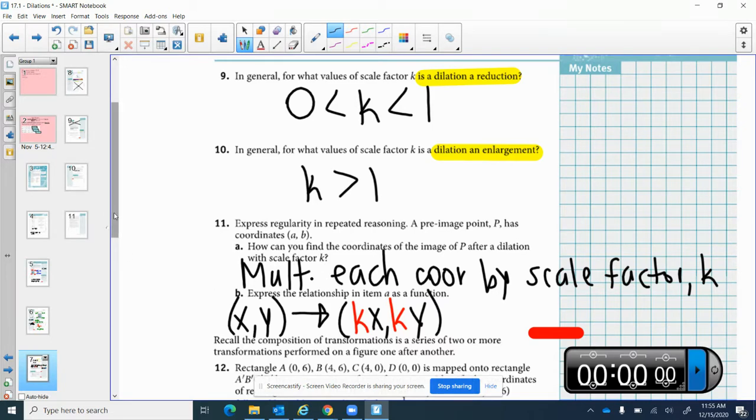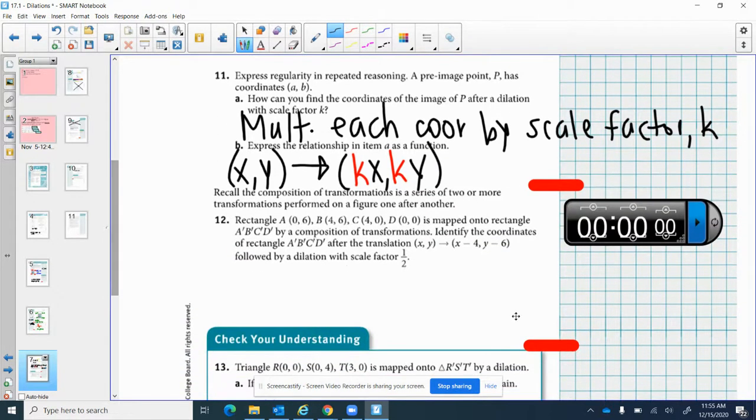So sometimes you're going to see a transformation that's doing two different things. Notice first we have the rigid motion here, a translation moving to the left 4 and down 6, and then we have a scale factor. So what we would do is look at this as two separate pieces. We have to move each of our original coordinates to the left 4 and down 6 to start.